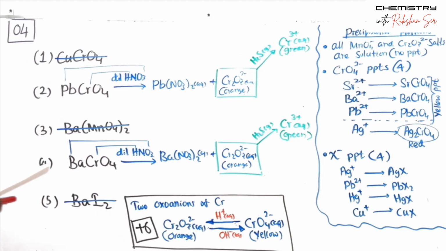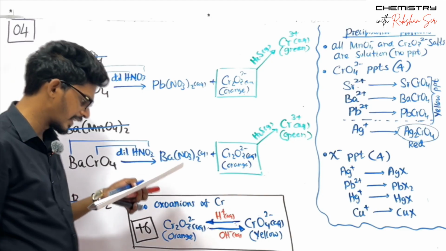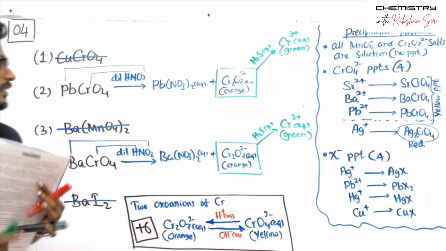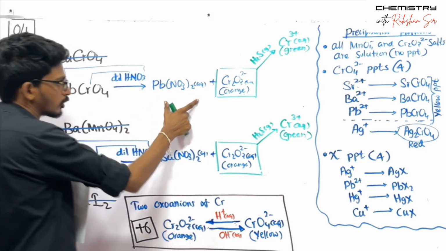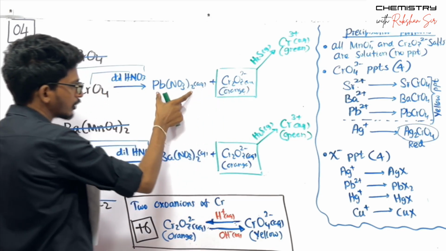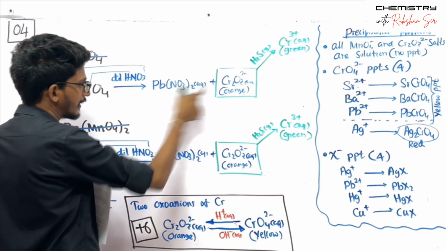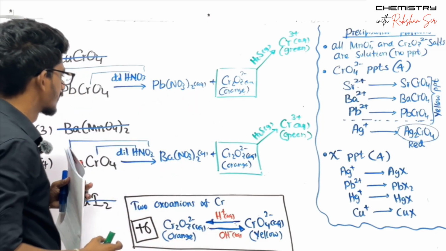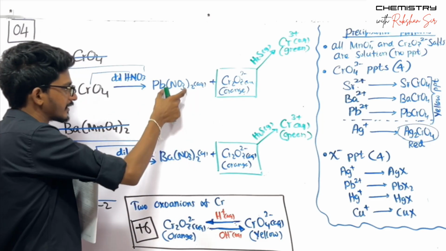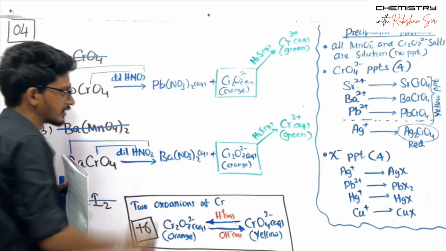Next, the solution gave green color to the Bunsen flame. So in this solution, not only this but this also appears. So to the Bunsen flame, these are considered the solution with the cations, right?